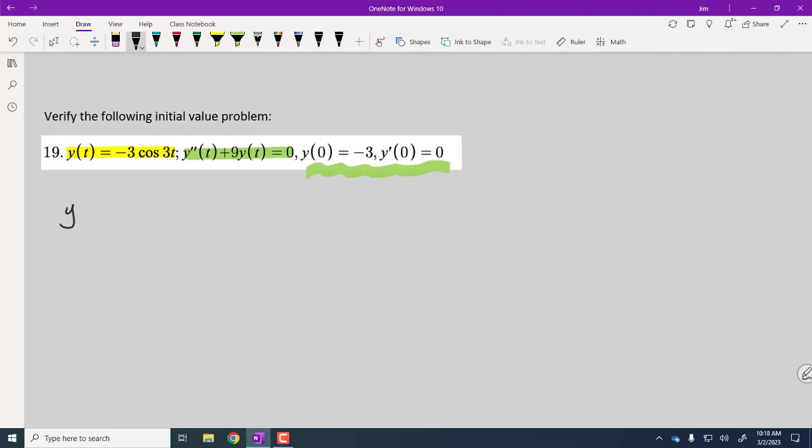So let's figure out y prime. Derivative of cosine is minus sine, so that'll turn into a plus. So that'll be y prime. And this equation is second order, so we need a second derivative. Derivative of sine is cosine, and then we use the chain rule. So that will be our second derivative.